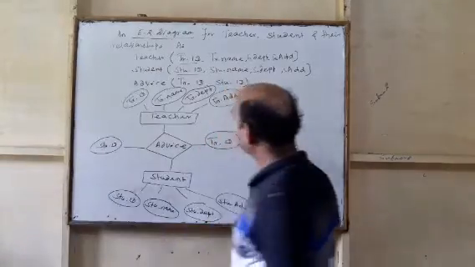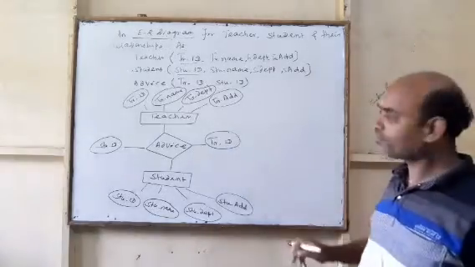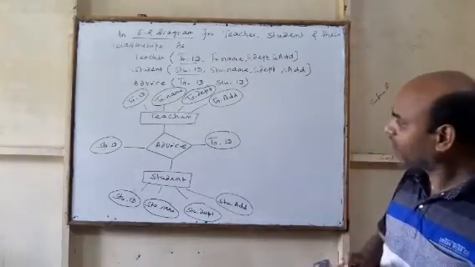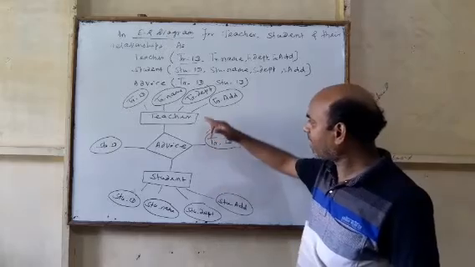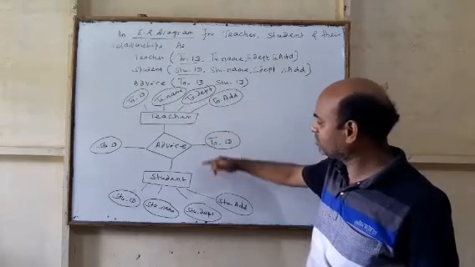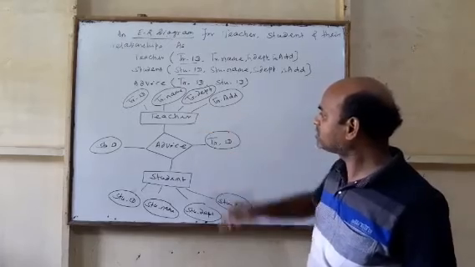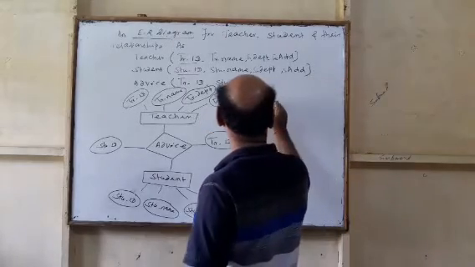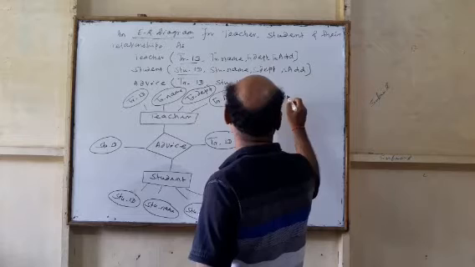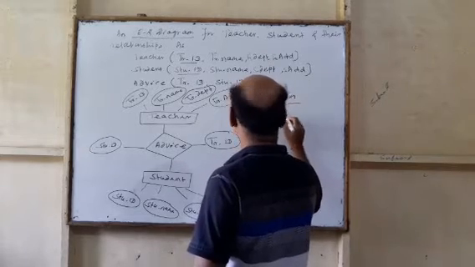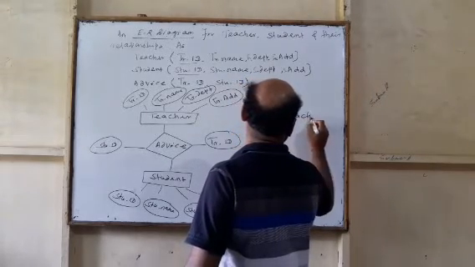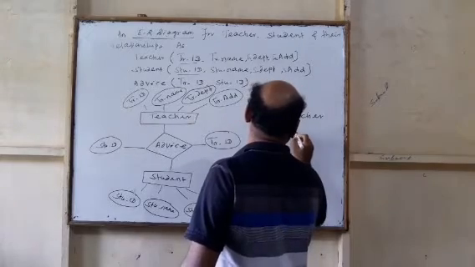So this ER diagram indicates how a teacher is linked with a student. A teacher advises a student. So entities are teacher and student.